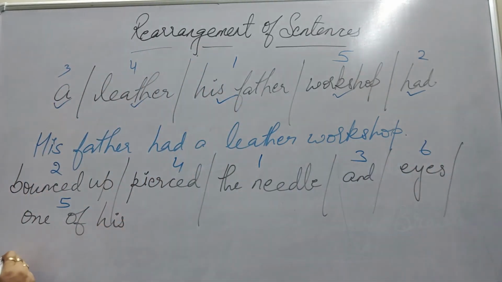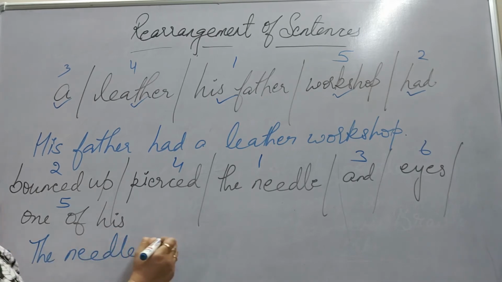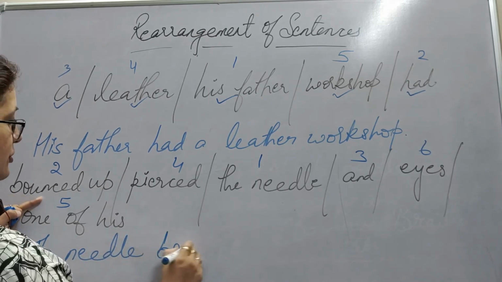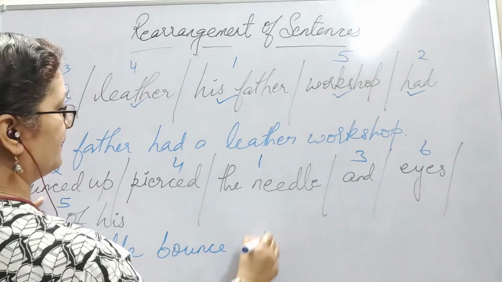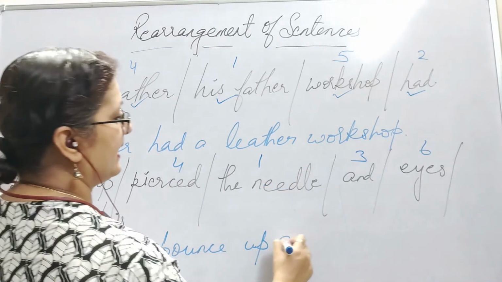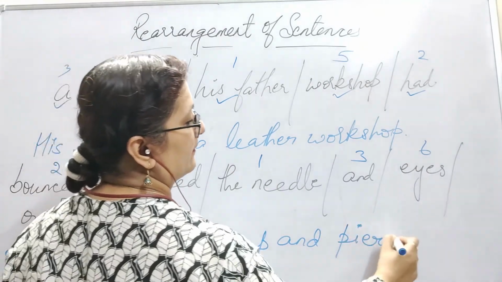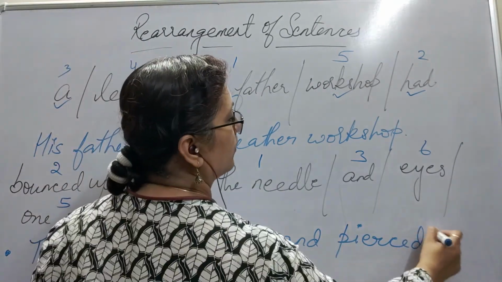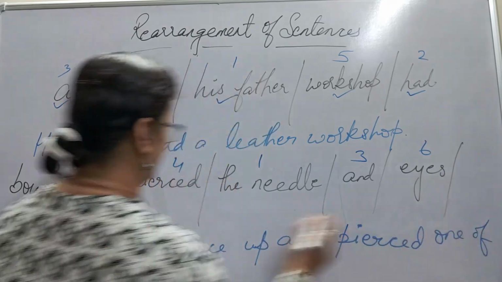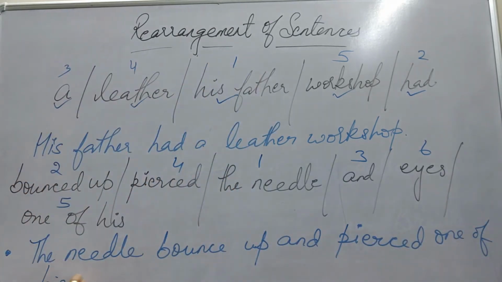Right? Let's just write the sentence. The needle bounced up and pierced one of his eyes. Cross check.